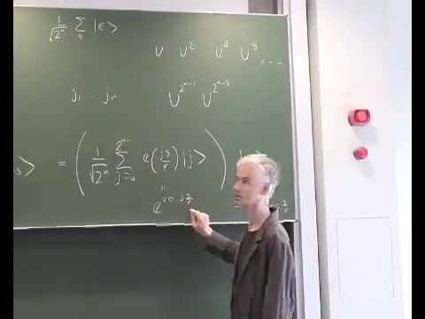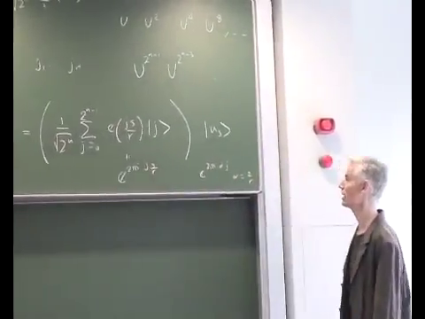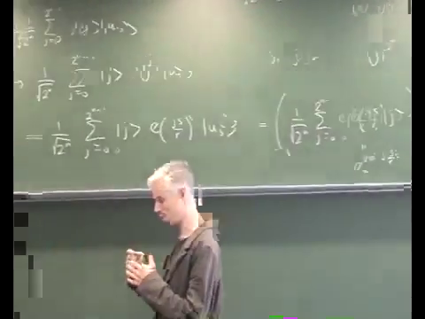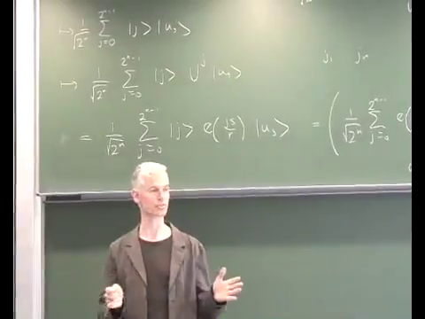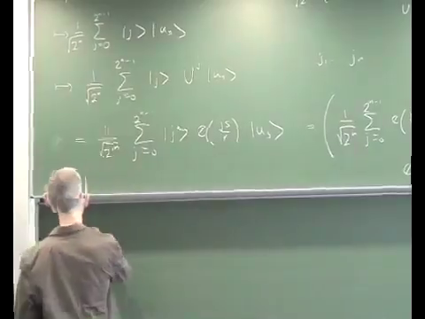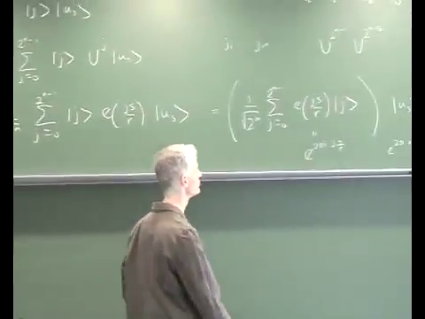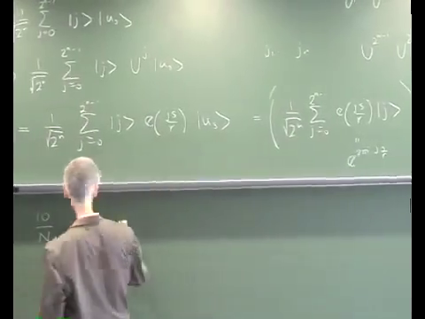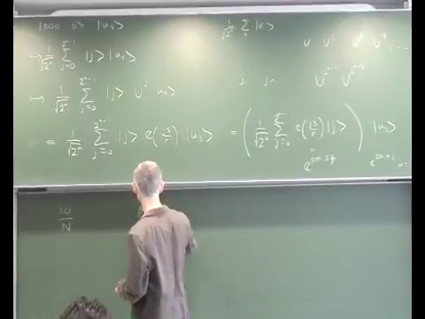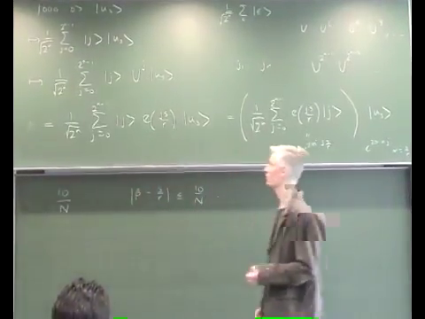Now, if I then apply a quantum Fourier transform to this, I will get myself into a state which, when I measure it, will give me the bits of some number which is within, say, 10 over n of s over r. So I can find some beta such that beta minus s over r is less than or equal to 10 over n.